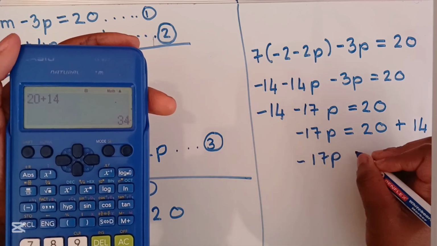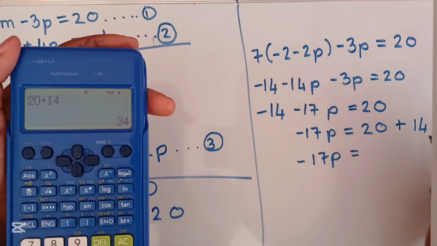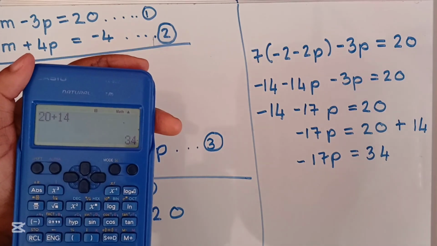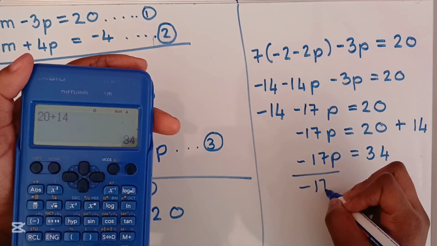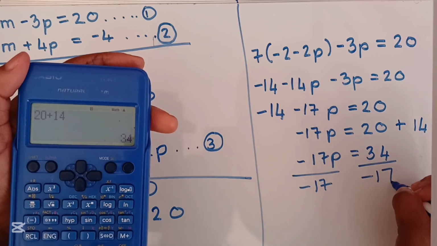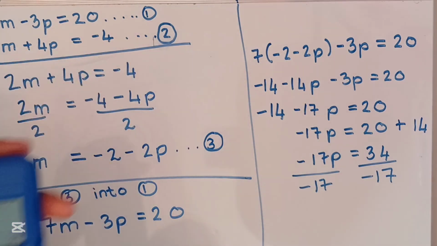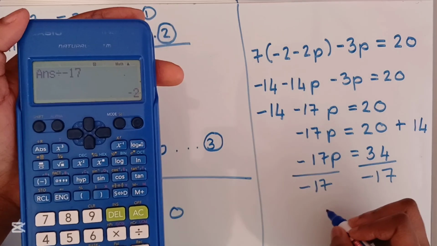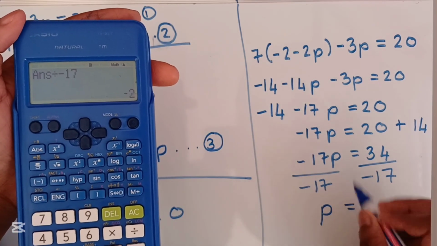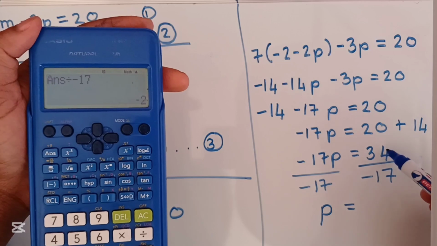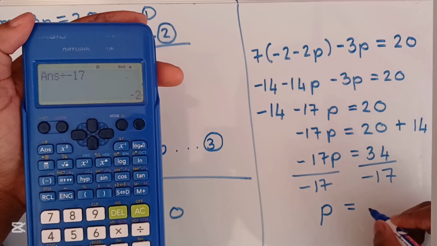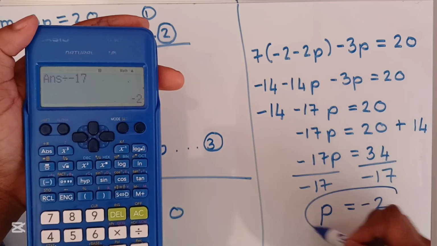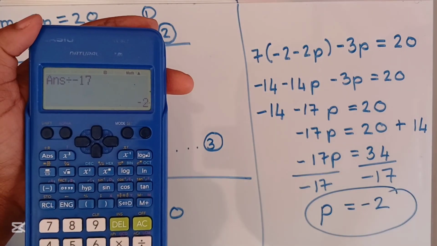So negative 17p equals to 20 plus 14, which is 34. I have to divide both sides by negative 17. So 34 divided by negative 17, the p comes down as it is because these two cancel out. 34 divided by negative 17 is negative 2. So the value for p is negative 2.